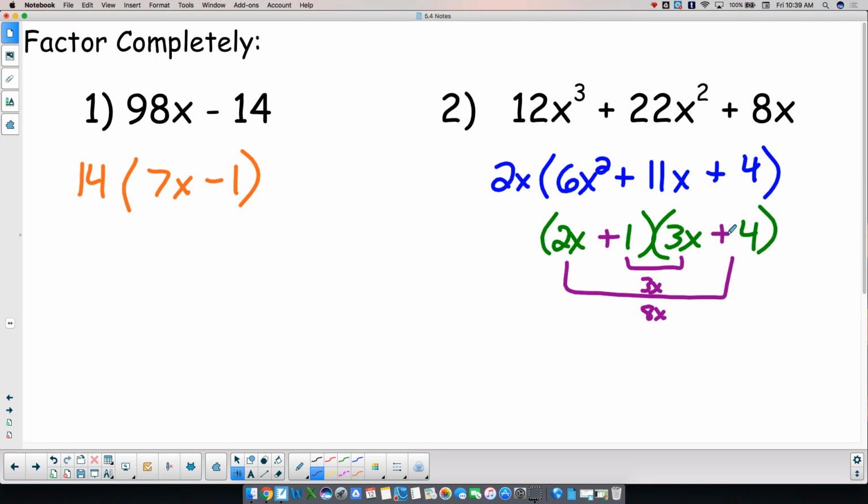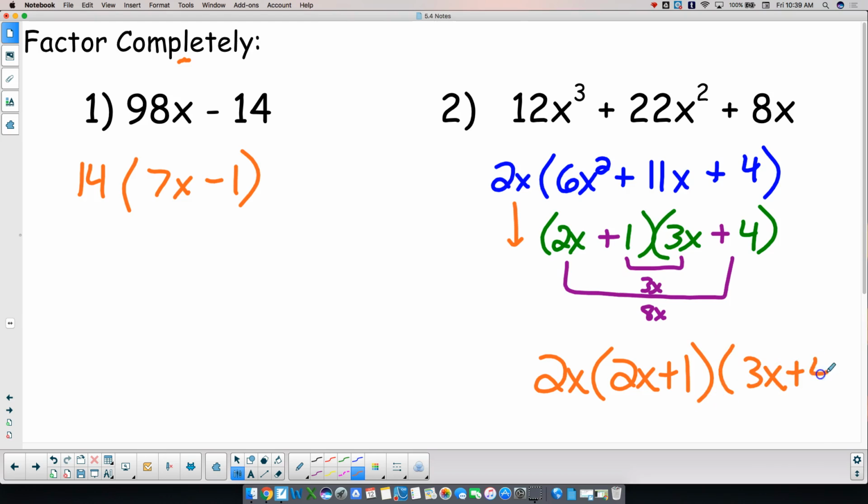So those both become pluses. So my final answer here, factored completely, is this: 2x comes along for the ride, and then we have 2x plus 1 and 3x plus 4.